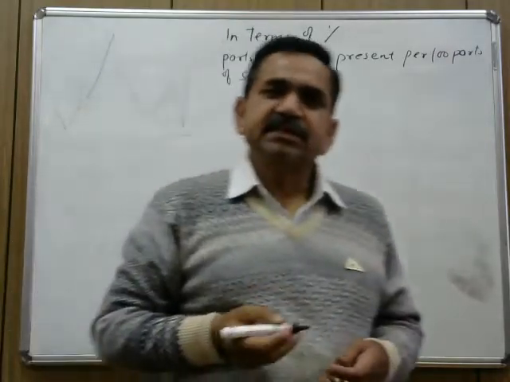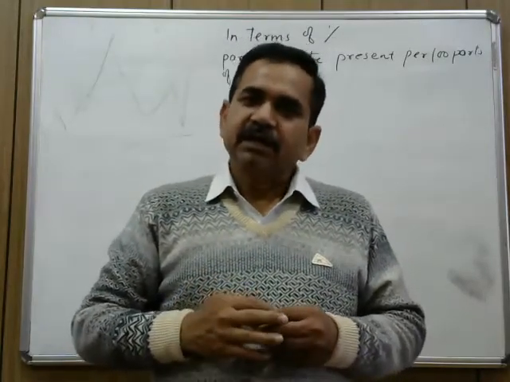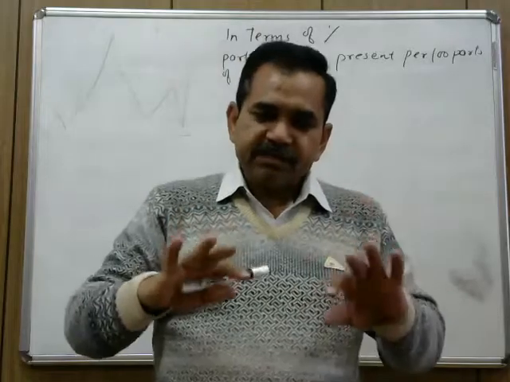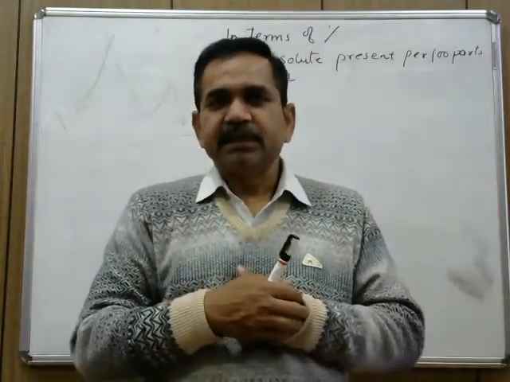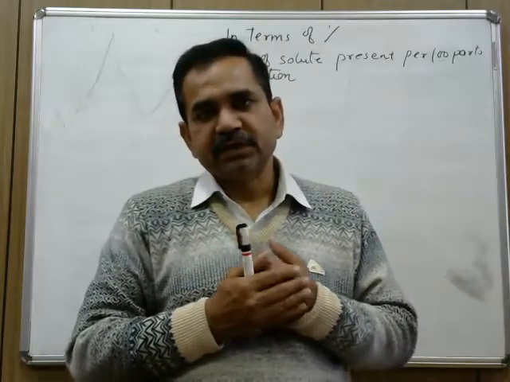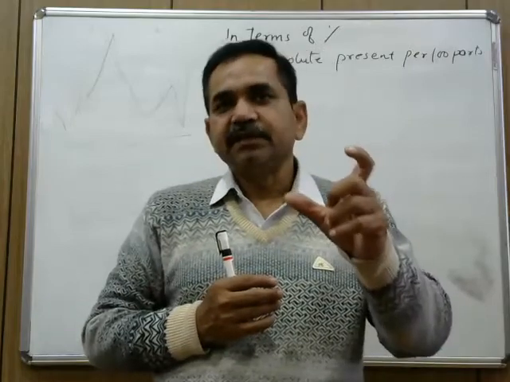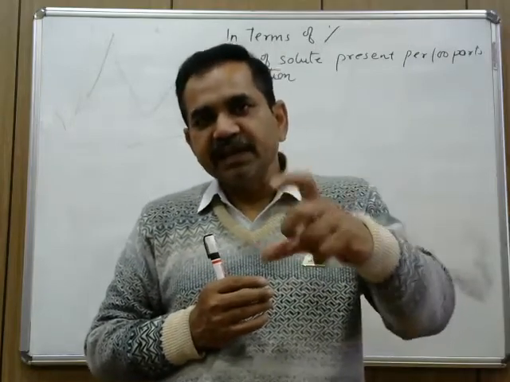Simple percentage means out of every 100. Now, this could be in terms of weight or in terms of volume. Weight percent refers to how many parts by weight of solute are present out of every 100 parts by weight of solution.